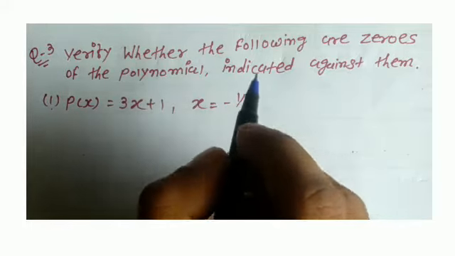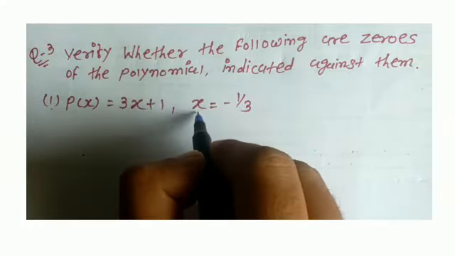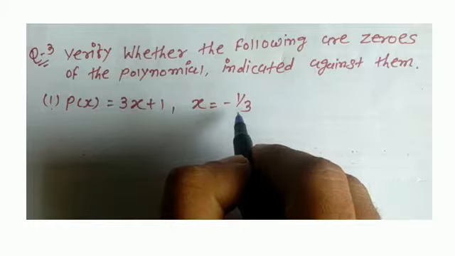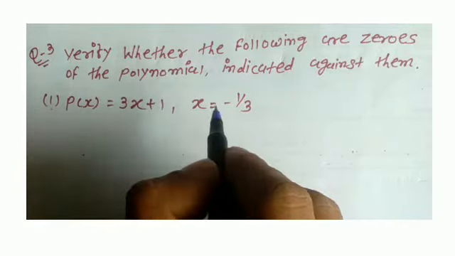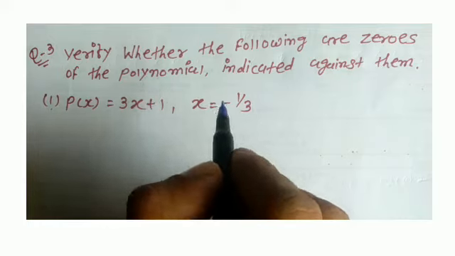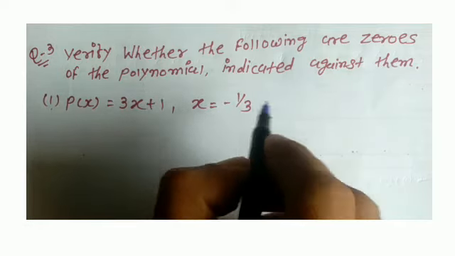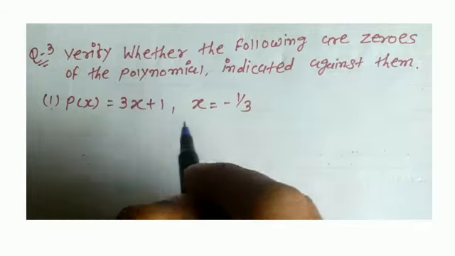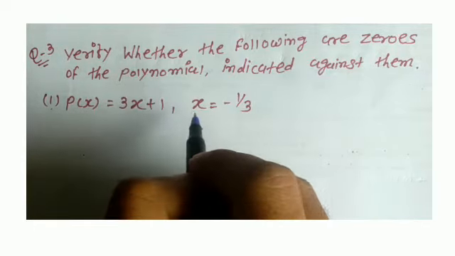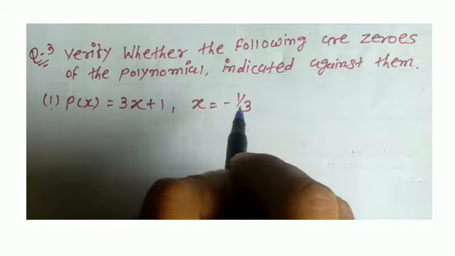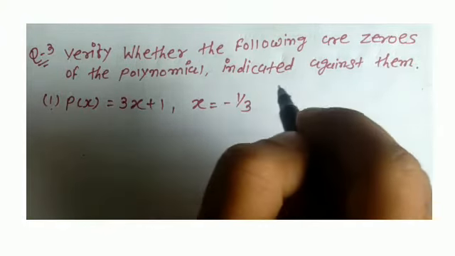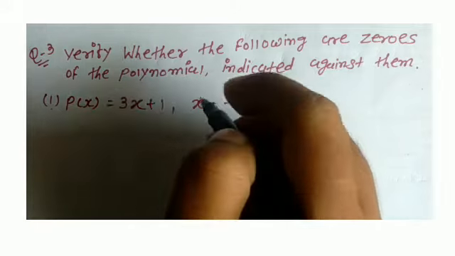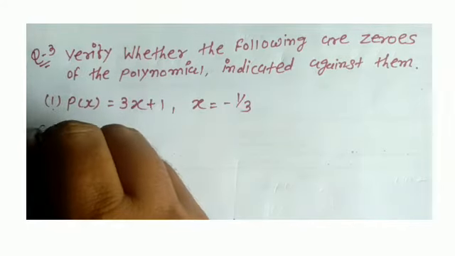In this question, we must take value of x is equal to minus 1 by 3, and if the value of our polynomial is 0, then we can say that yes, minus 1 by 3 is the zero of this polynomial. And if it is not equal to 0, then we can say that this is not a zero of our polynomial. So let us start the solution.